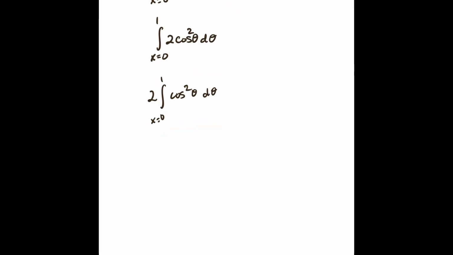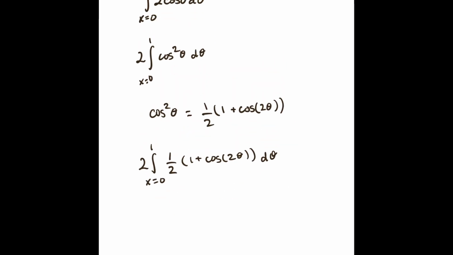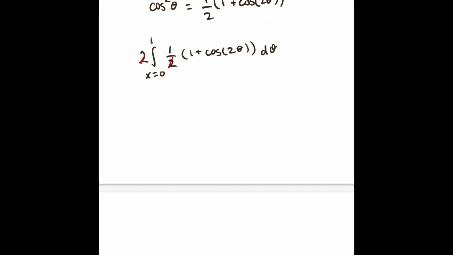And then remember, cosine squared theta is equal to 1/2 times 1 plus cosine 2 theta. So that's the substitution we'll make. The 2's will cancel, and then we could break up this integral.